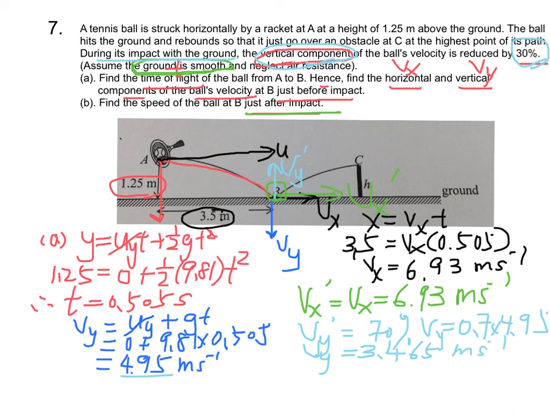Hence, for part B, the speed of the ball at B just after impact is V equals the square root of Vx' squared plus Vy' squared, which is equal to the square root of the square of 6.93 plus the square of 3.465.